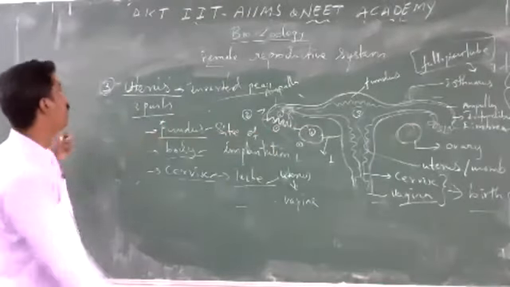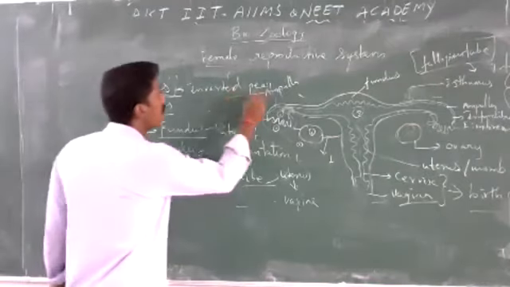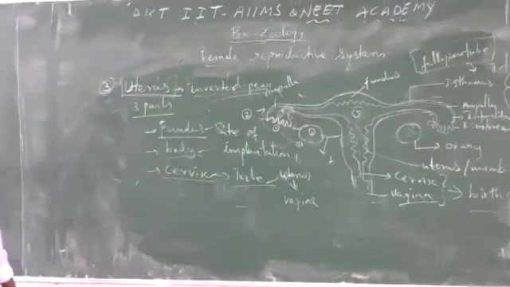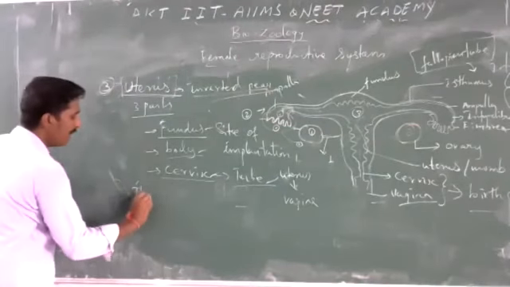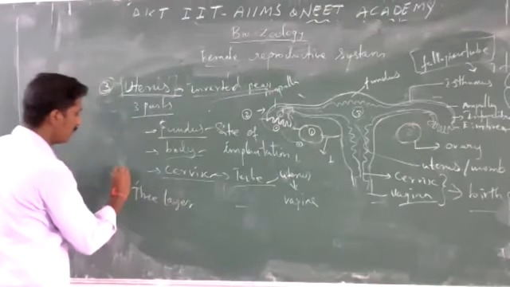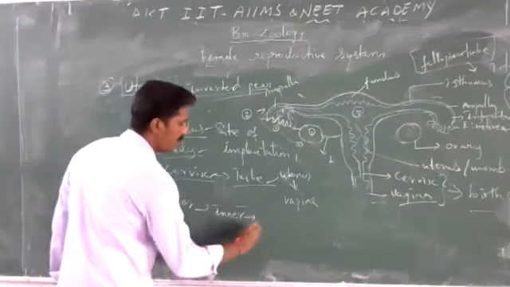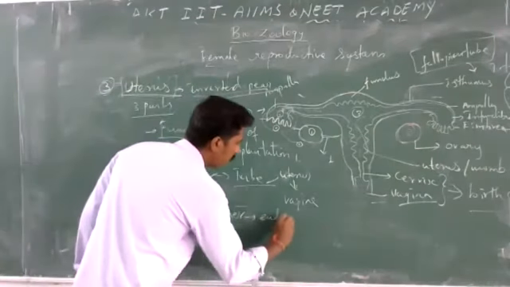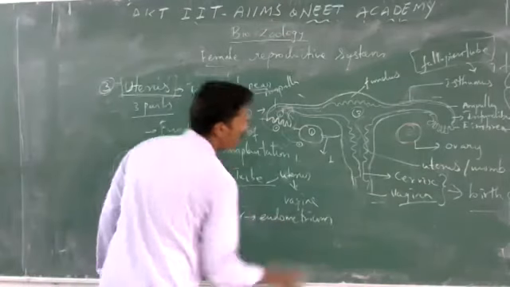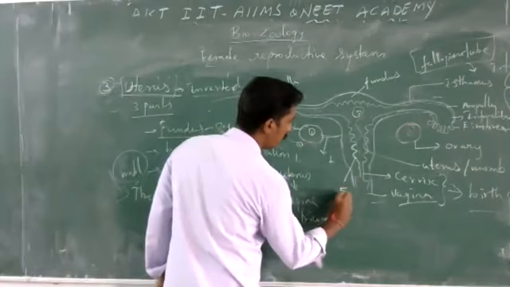And the wall of the uterus has three layers. The innermost layer is called the endometrium.